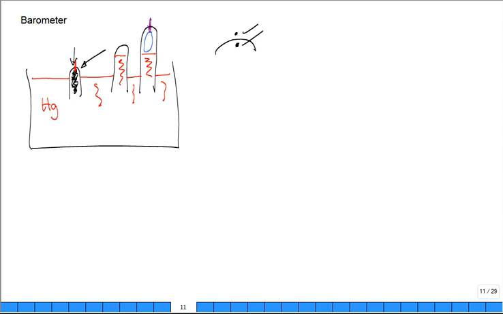True? So what we can do is a free body diagram of the mercury column. The pressure acting on the top is zero pressure. The weight pulling down is the mass times g. Man, I forgot what g was. It's the gravitational acceleration, or Earth's ratio between weight and mass, if you want to give it another name.